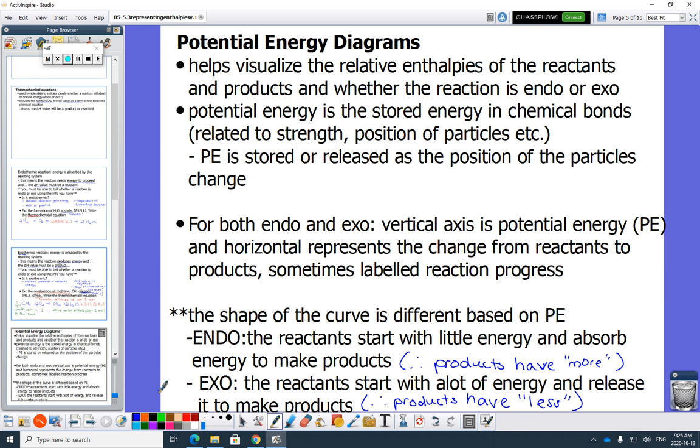So I put more and less in quotations because, again, you're not going to put actual numbers. You don't have to worry about whether it's to scale or not.